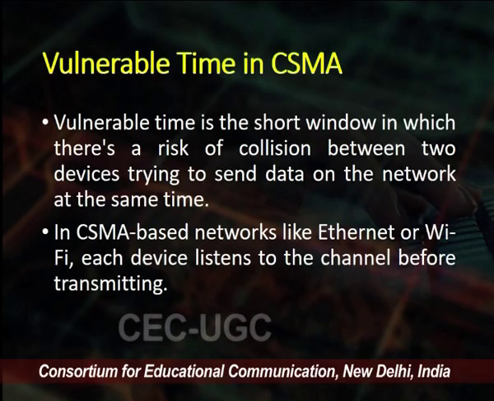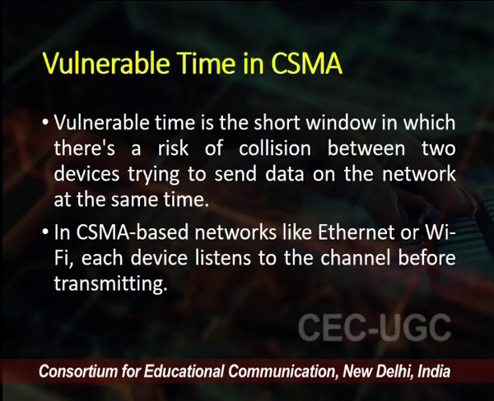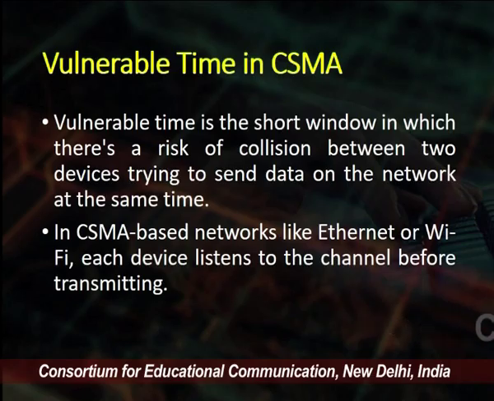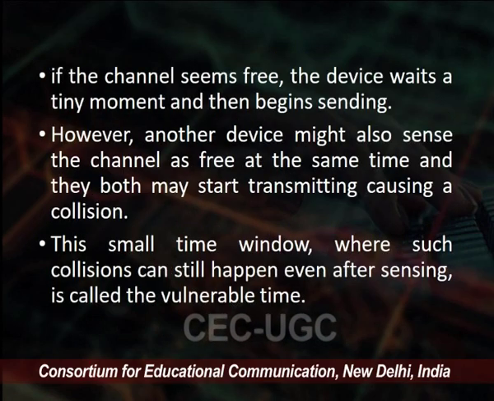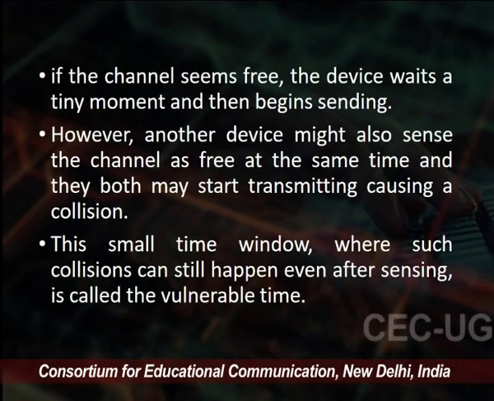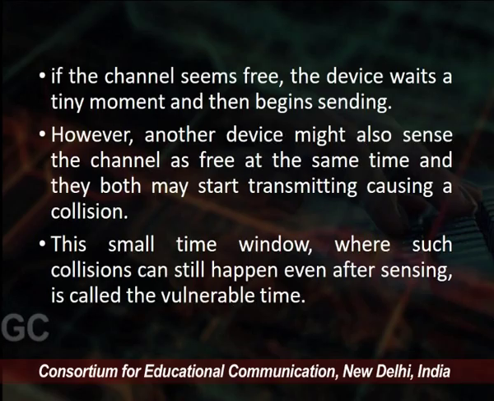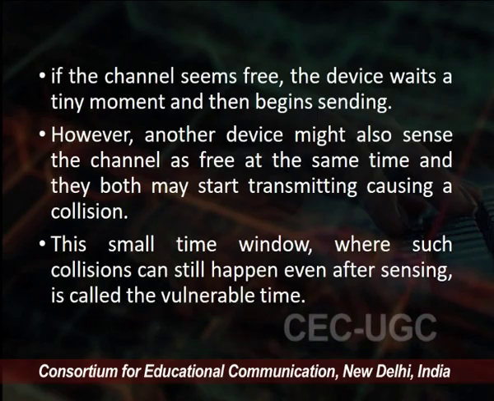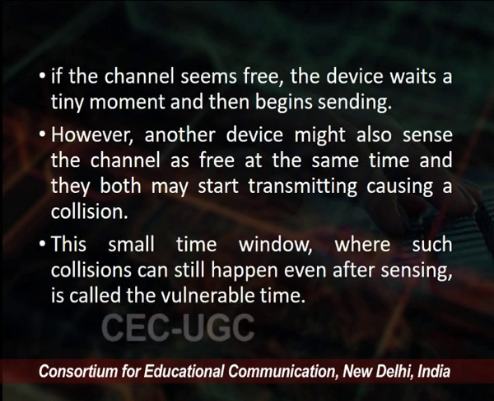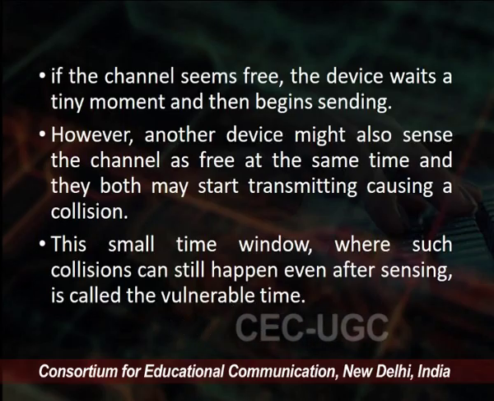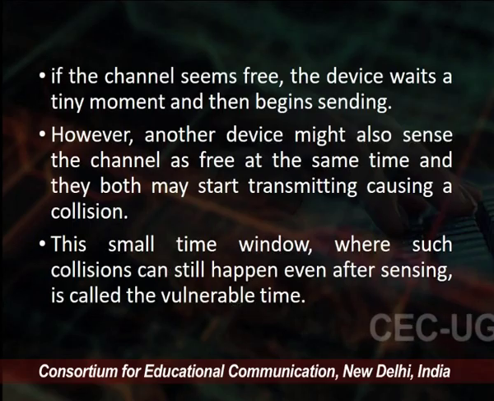In CSMA based networks like Ethernet and Wi-Fi, each device listens to the channel before transmission. If the channel seems free, the device waits a tiny moment and then begins sending. However, another device might also sense the channel at the same time, when it was free, and then they both may start transmitting simultaneously, within the vulnerable window, and definitely it is going to cause a collision.